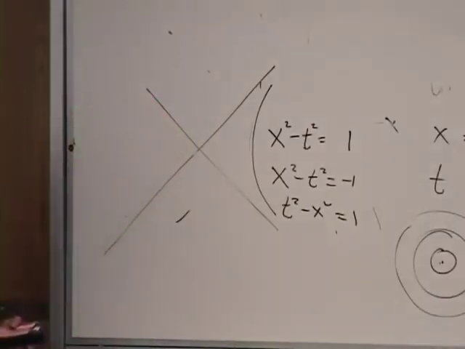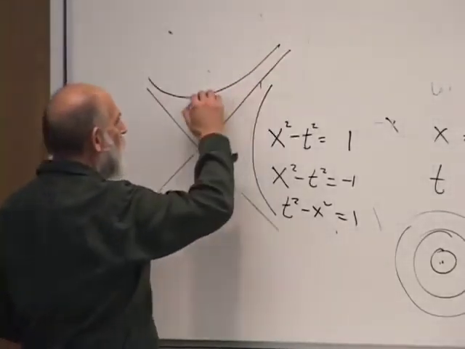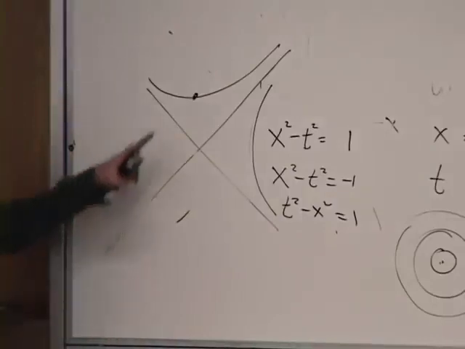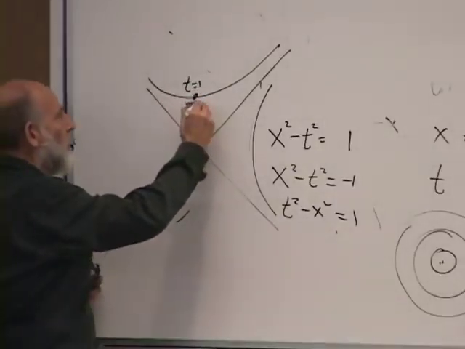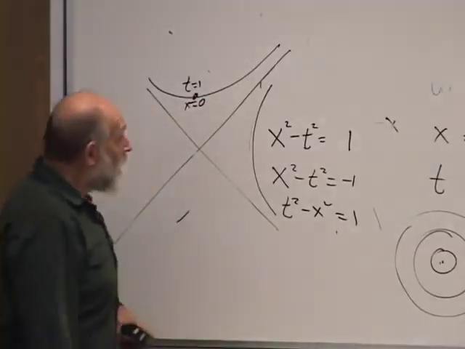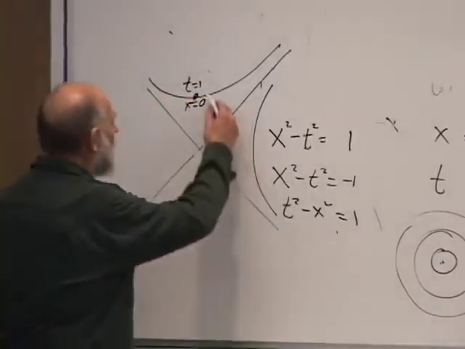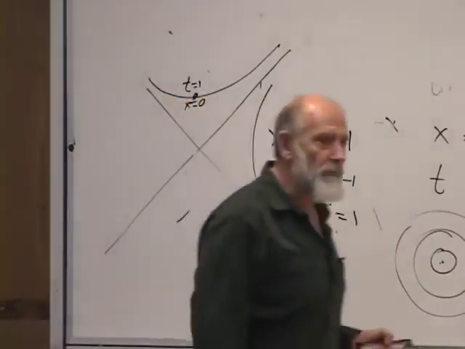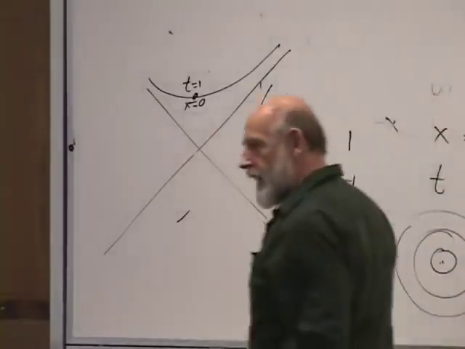Where is that hyperbola? 90 degrees off. Yeah, that's a hyperbola up here. Let's look at it right at this point over here. At that point, t is equal to 1, x is equal to 0, and t squared minus x squared is equal to 1. So it's not that anything crazy has happened over here, that space has become time and time has become space or anything like that. It's just that the coordinate that we're using has a funny property.